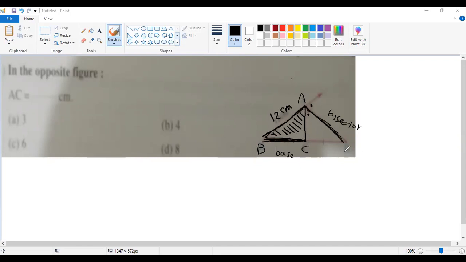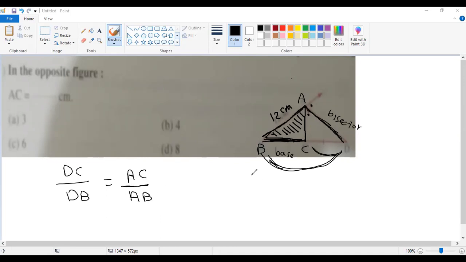Let's apply the rule. DC over DB, this is part 1 over part 2, is equal to AC over AB.